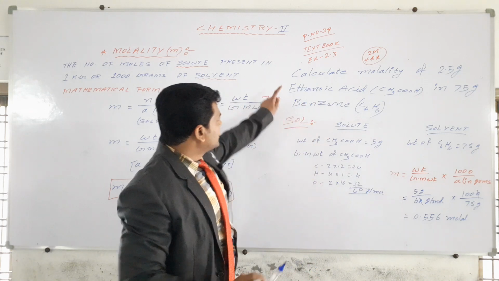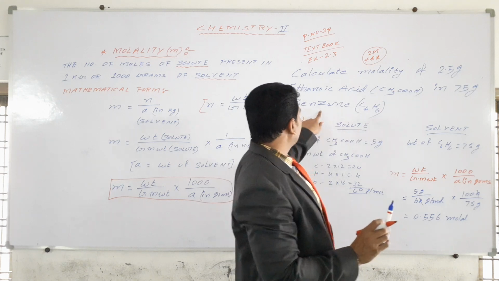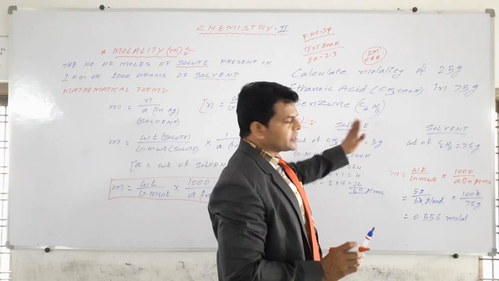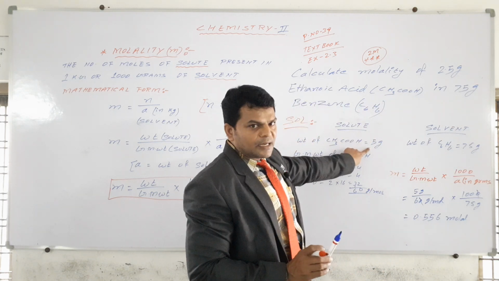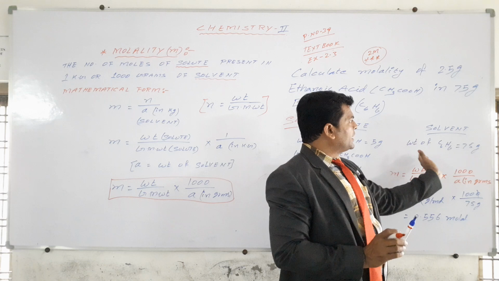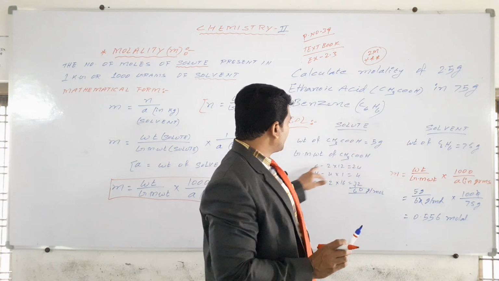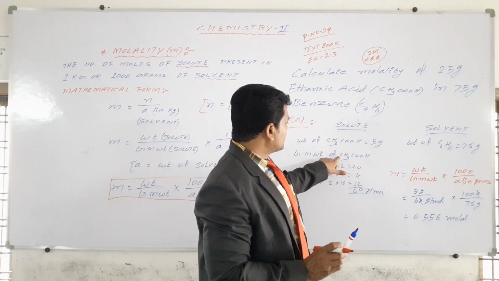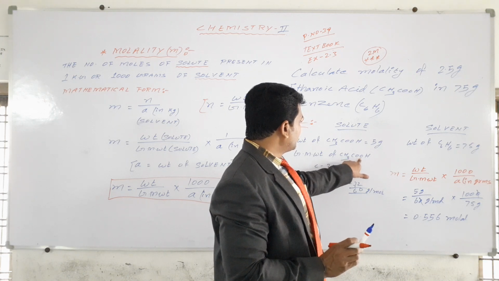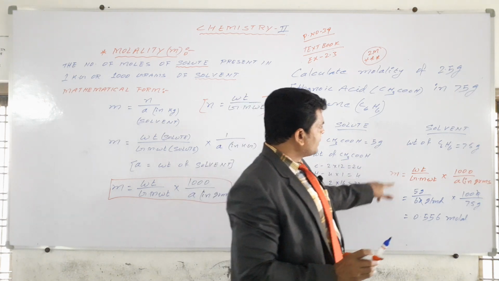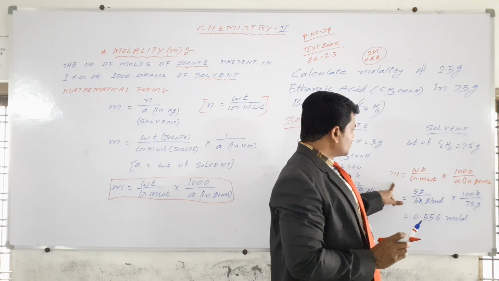So what is given here? Calculate molality of 2.5 grams of ethanoic acid in 75 grams of benzene. You have to take solute separately and solvent separately. Ethanoic acid's weight is less, so it is the solute. Benzene's weight is more, so it is the solvent. Weight of the solute is given as 5 grams and gram molecular weight: 12 plus 12 is 24, 24 plus 4 is 28, 28 plus 32 is 60 grams per mole. Then weight of C6H6 is 75 grams, which is the solvent.